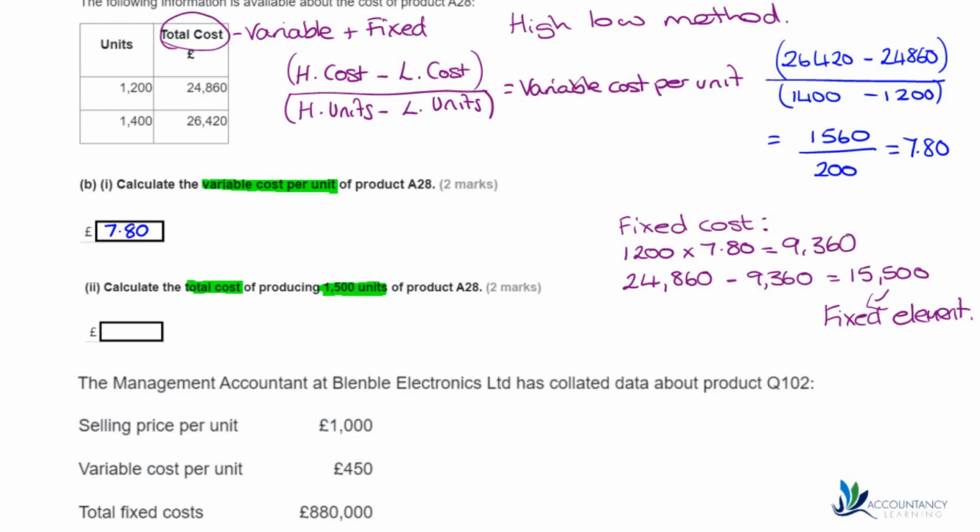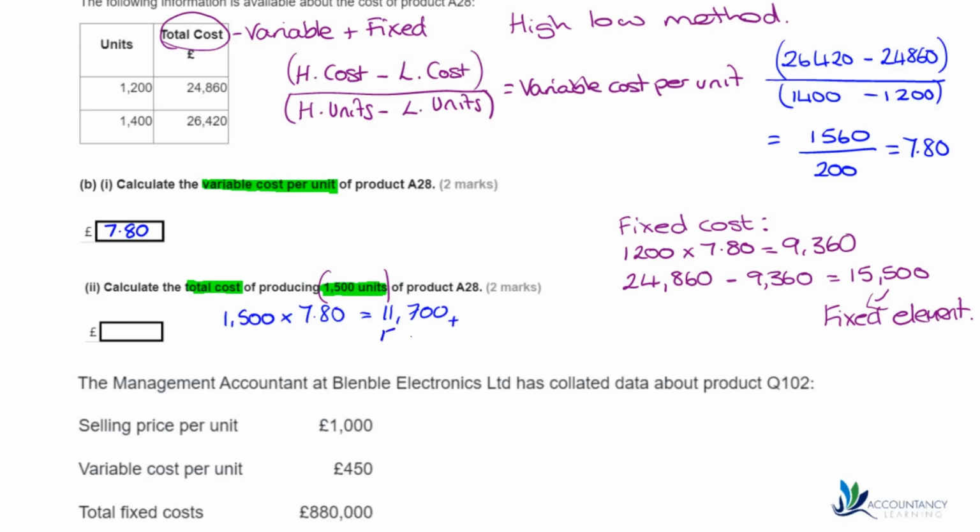So now we can calculate the total cost of producing our 1,500 units here. So we'll have 1,500 as our new units multiplied by our variable cost per unit, which is £11,700.